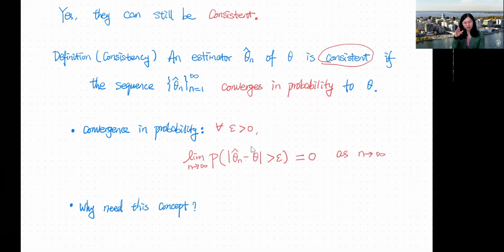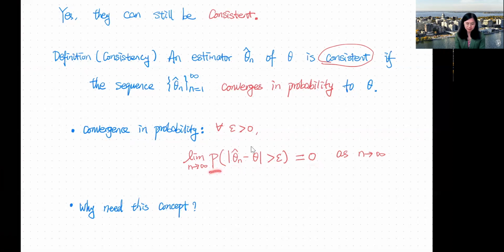So what is convergence in probability? I'll define the concept first and then explain what it means. Convergence in probability means that for any positive number epsilon, the probability that this sequence of estimators is more than epsilon away from theta, the true value it's estimating, converges to 0.